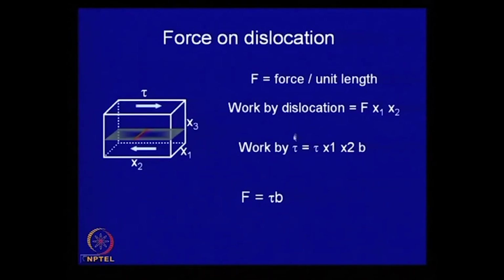So, this is the force acting on the slip plane and the displacement is b. If you equate the two, x 1 and x 2 cancel out. So, the force acting on the dislocation per unit length is equal to tau b, and this is a very important expression, and we will often be referring to this in subsequent lectures.